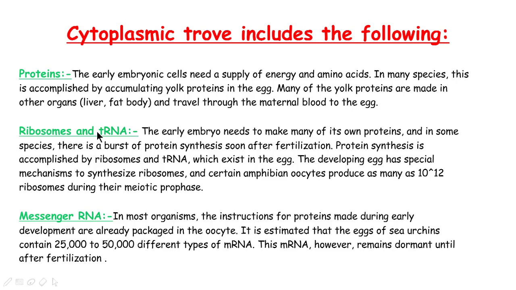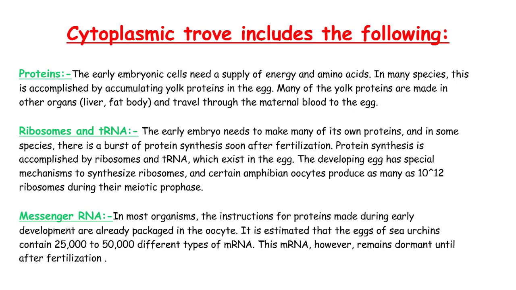There are ribosomes and tRNA present in the cytoplasm. The early embryo needs to make many of its own proteins, and in some species there is a burst of protein synthesis soon after fertilization. Protein synthesis is accomplished by ribosomes and tRNA. What is tRNA? tRNA is transfer RNA.